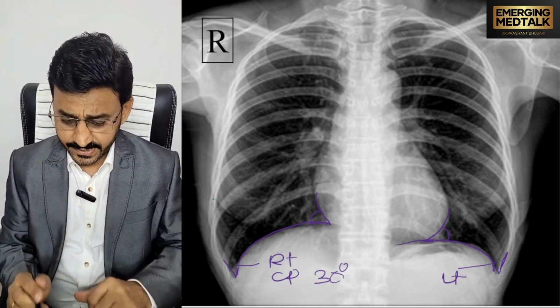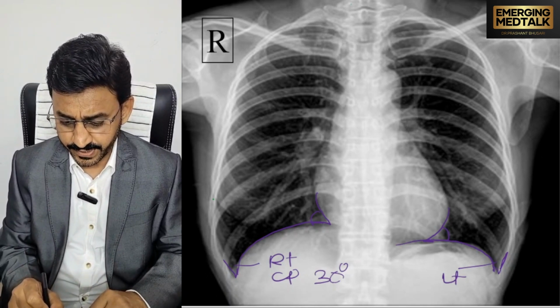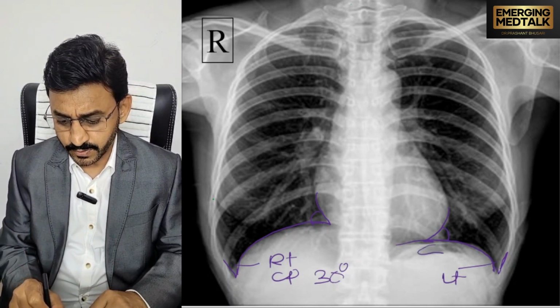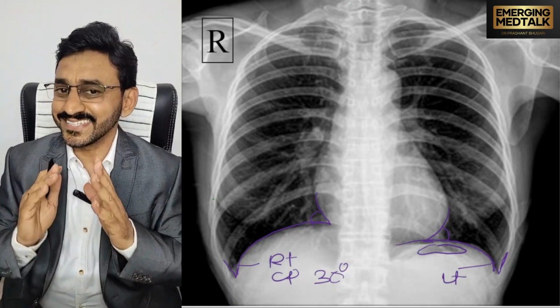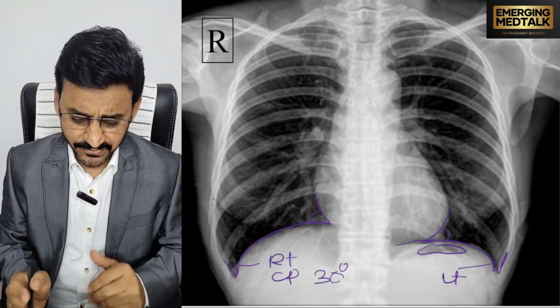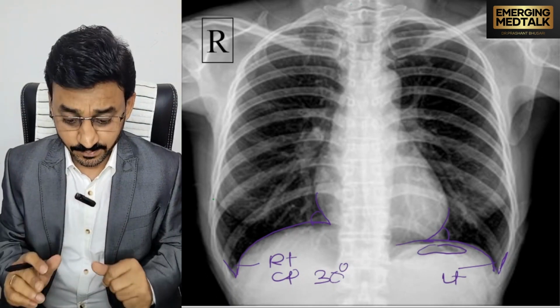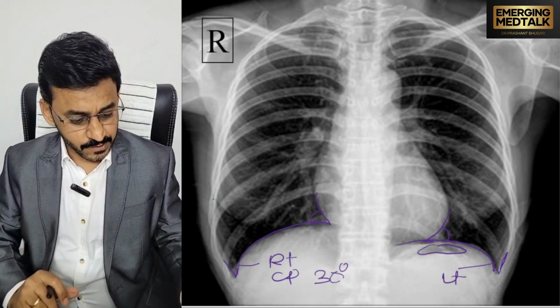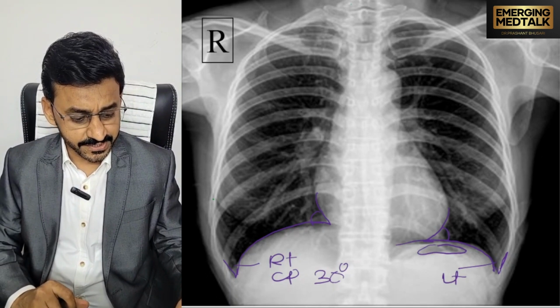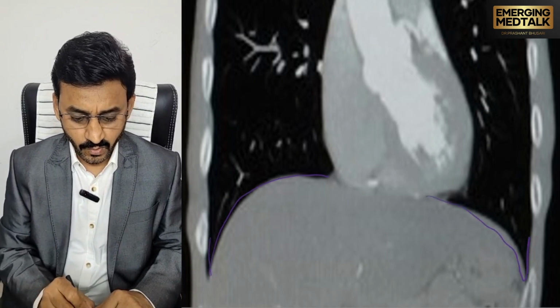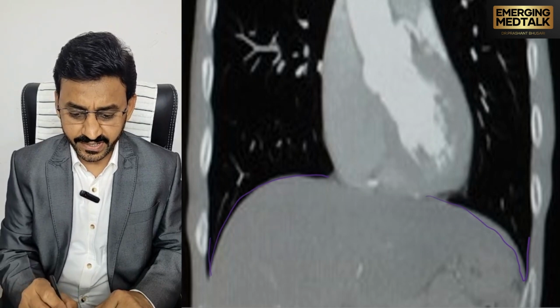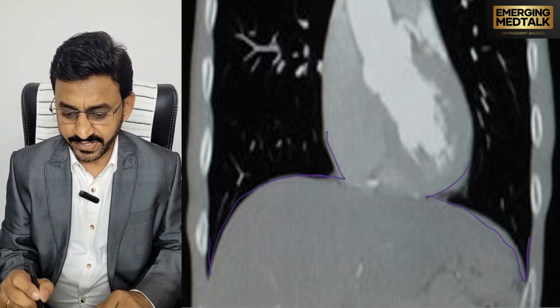Then we can see here a fundic shadow just below the left dome of the diaphragm, and this is normally situated there. If it is on the right side, then the condition is abnormal, maybe due to perforation. Now we can correlate this simultaneously with the CT image. This is the right hemidiaphragm, and the left hemidiaphragm making an angle with the lateral wall forming the costophrenic angle, and here the cardiophrenic angles.